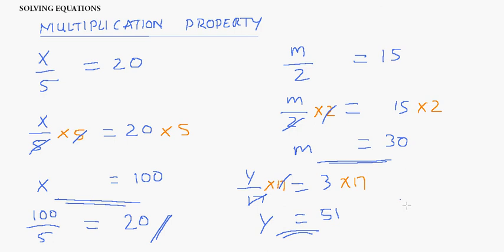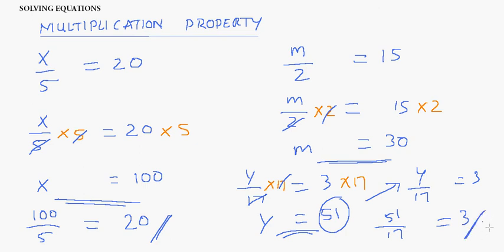Therefore, y equals 51 is the solution of the equation y divided by 17 equals 3. If you substitute y equals 51 in this equation, you get 51 over 17, which gives you the result 3, which is the answer.